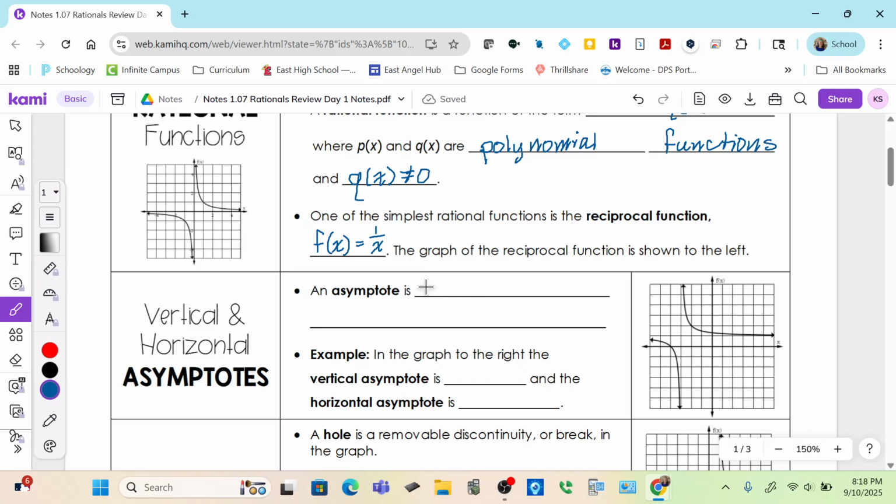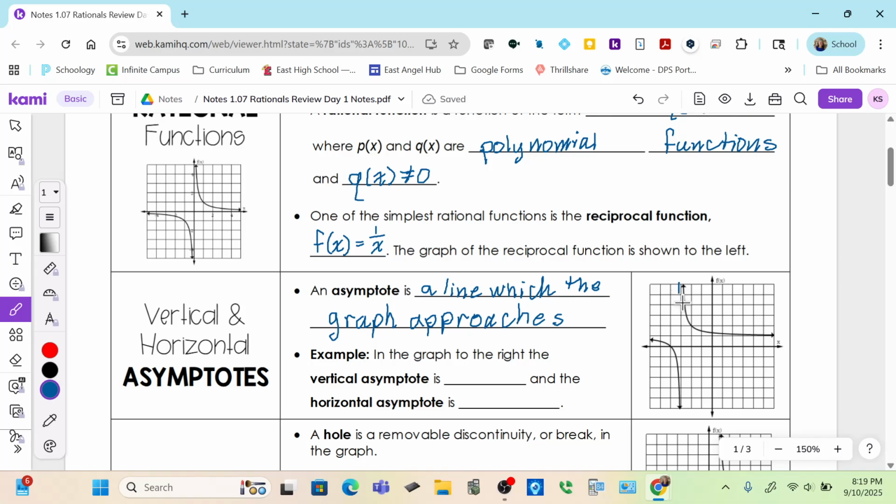An asymptote is a line which the graph approaches. If you look at the graph to the right, you will see that it looks very similar to our reciprocal function. However, it is shifted.